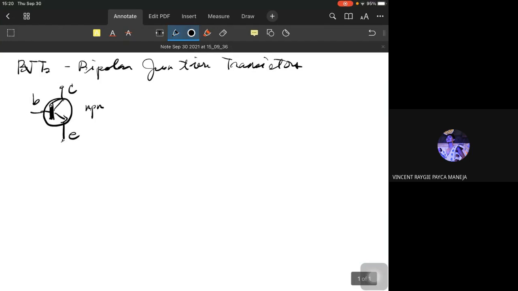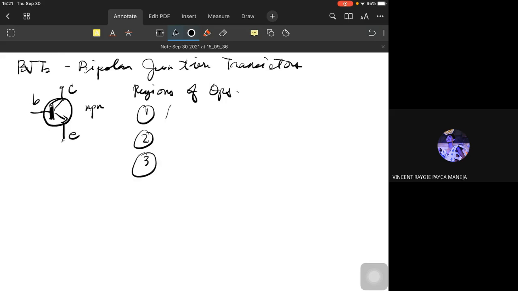So NPN BJT. It has 3 major regions of operation with respect to its characteristic curve. 3 regions of operations.